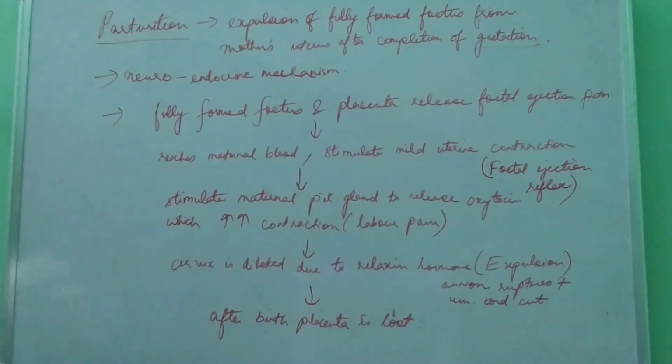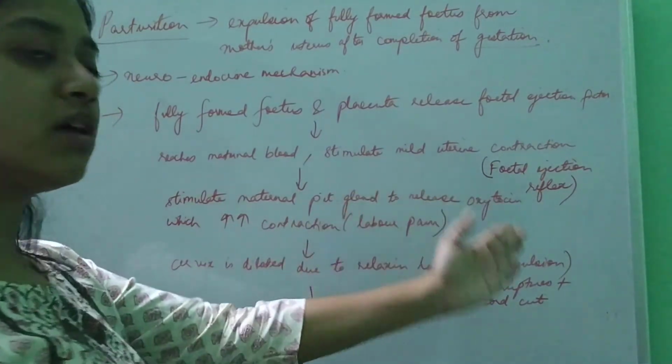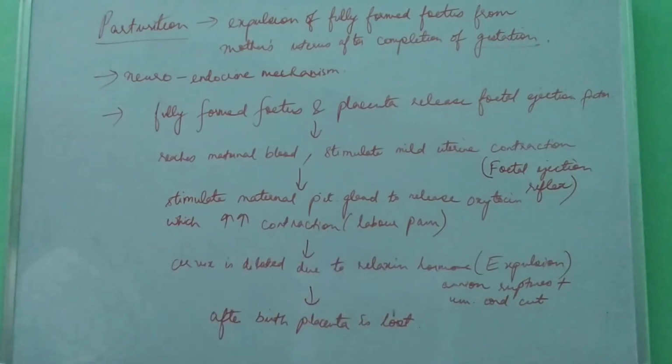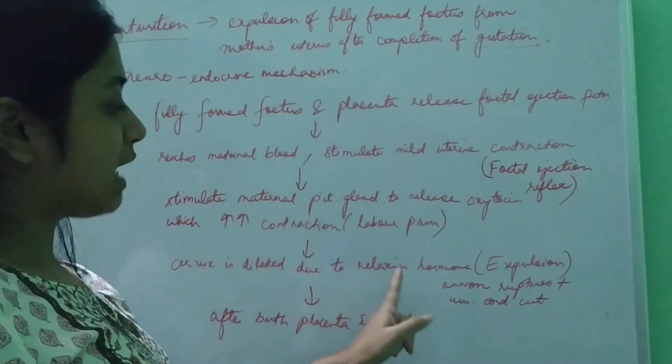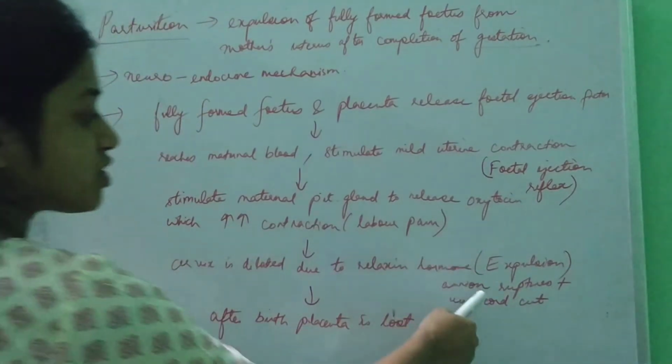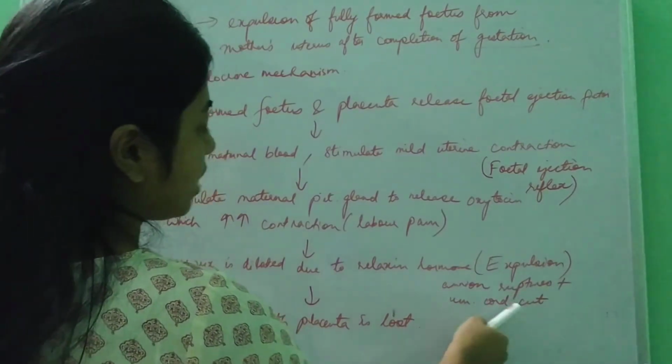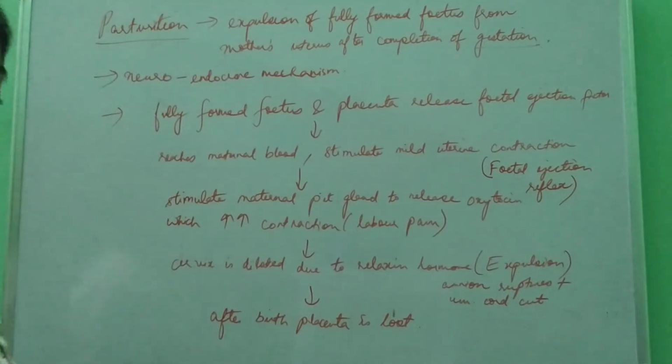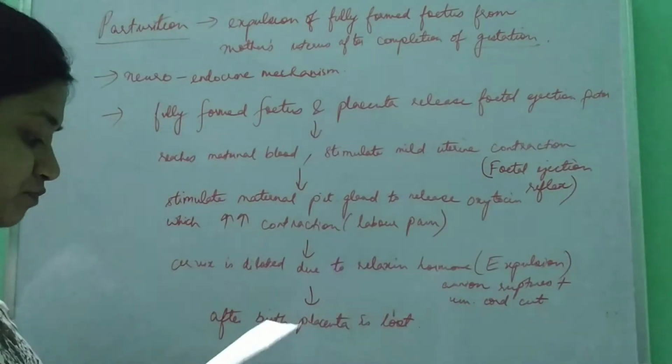birth hormone, and that will cause severe contractions in the uterus. That is labor pain. So when labor pain occurs, the cervix becomes dilated due to relaxin hormone, and finally expulsion of the baby occurs. When expulsion occurs, amnion will rupture, umbilical cord is cut, and after birth, placenta is lost.